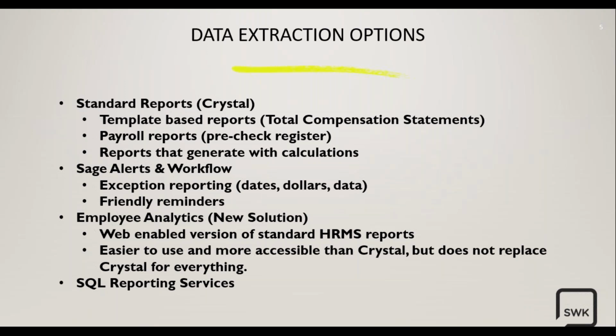Another way to get data out of the system, and some of you are using this, is the alerts and workflow tool. So we like to think of the alerting tool as the smoke alarm for the business. So if we're running reports that have pages of information just to look for one or two exceptions, oftentimes that type of analysis can be done with an alert. So instead of you searching for the exception, the exception searches for you, and either via text message or an email is going to come across and let you know that's happening.